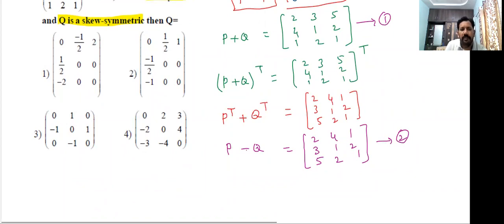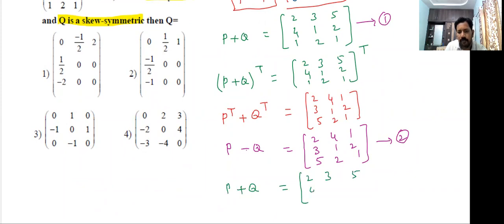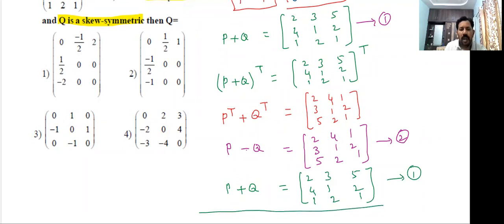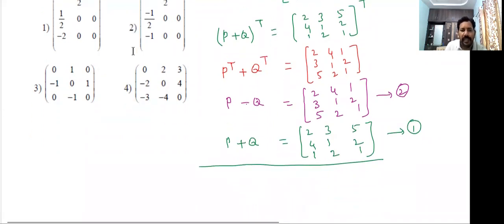So I am writing here P plus Q. What is P plus Q? 2, 3, 5, 4, 1, 2, 1, 2, 1. This is 1. Solve these two. How to solve? We need to find Q, so we want to eliminate P. That's why we subtract. Here minus, here also minus.